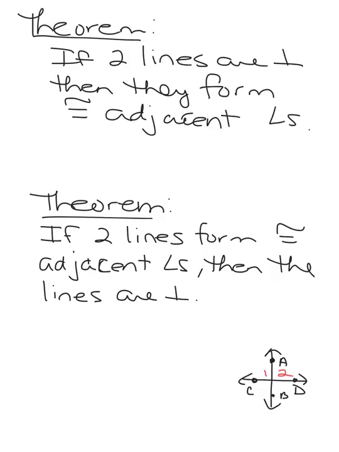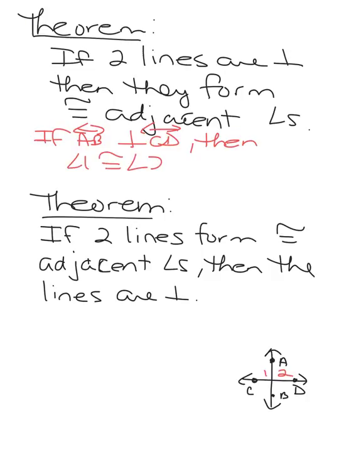In number one, it says if two lines are perpendicular. So if I tell you line AB is perpendicular to line CD, then I can say angle 1 is congruent to angle 2. Again, if the lines are perpendicular, then the angles are congruent.